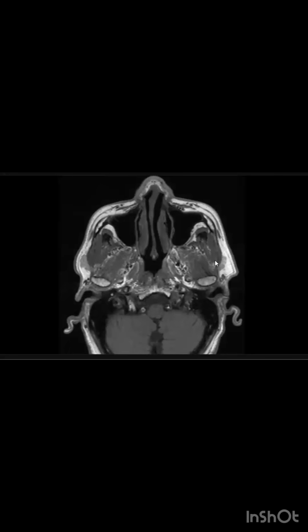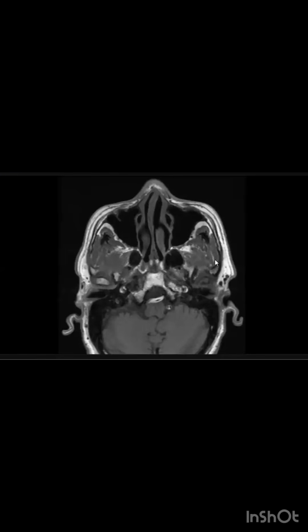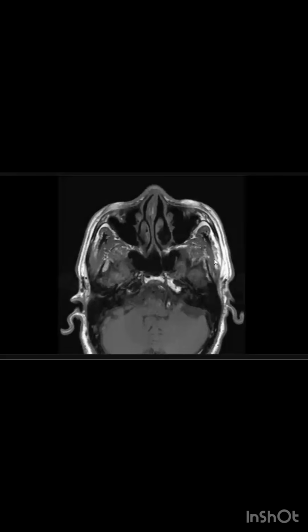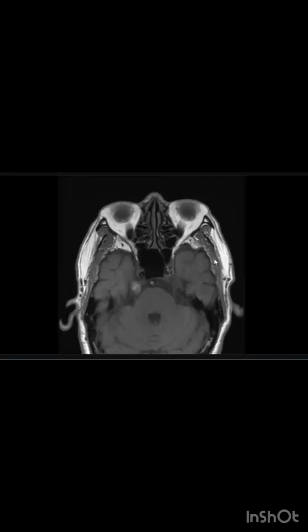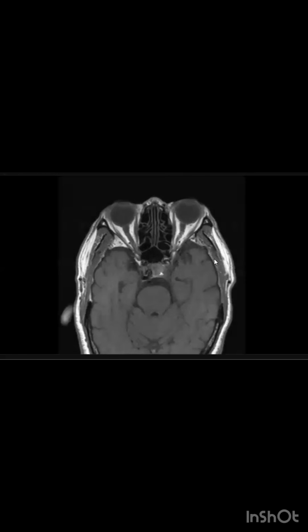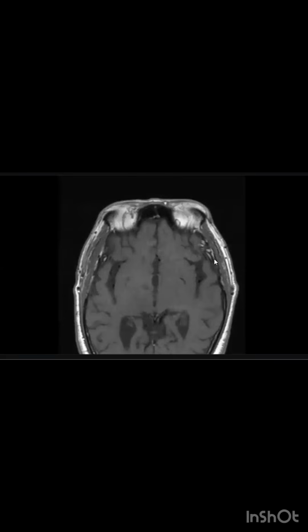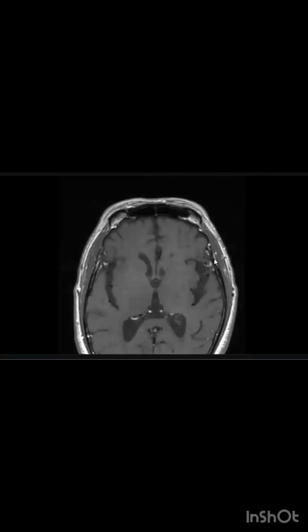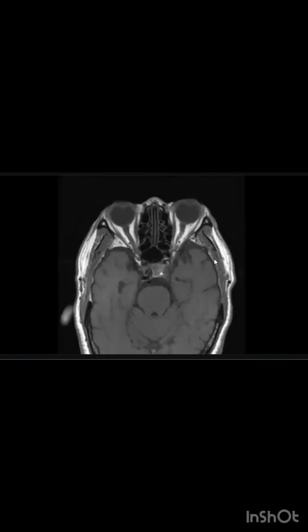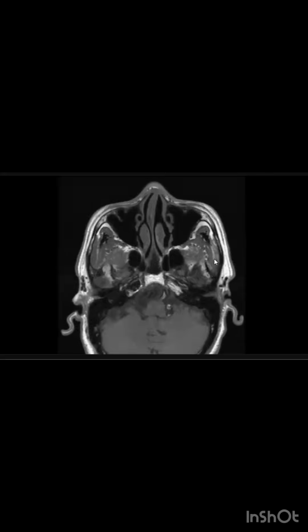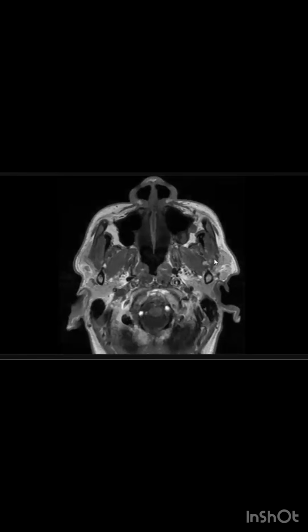This is highly suspicious for a dissection. I would like to look at the angiogram images if available to confirm this finding. I would also like to look at any diffusion weighted images to look for any diffusion restriction in the brain parenchyma.